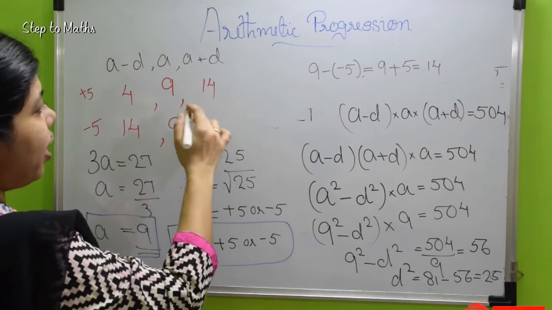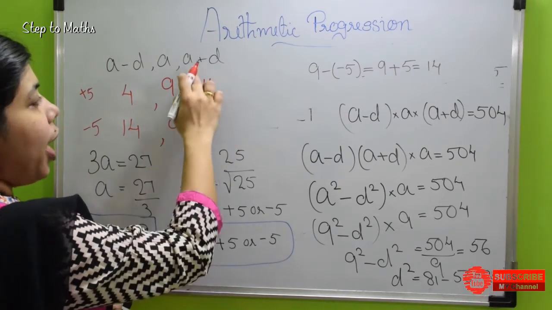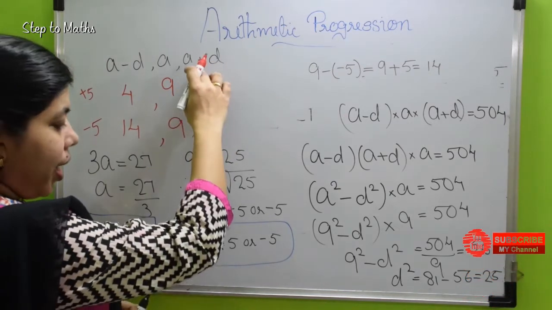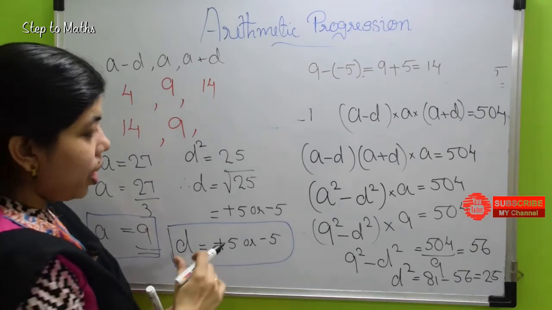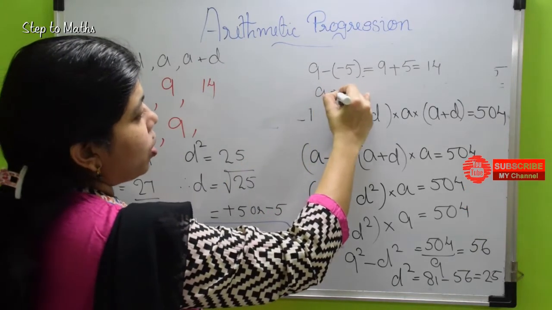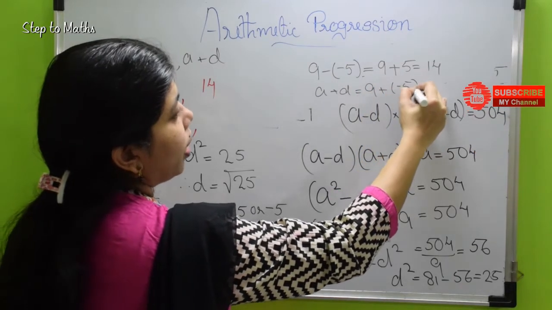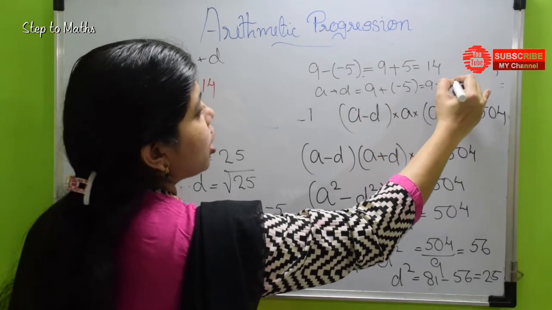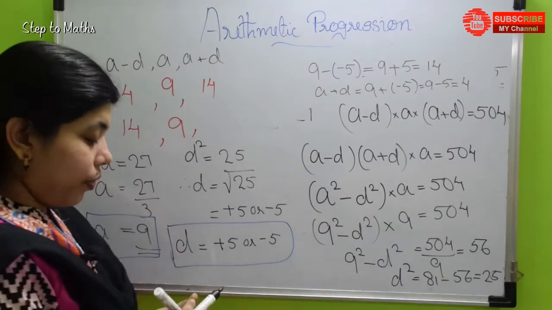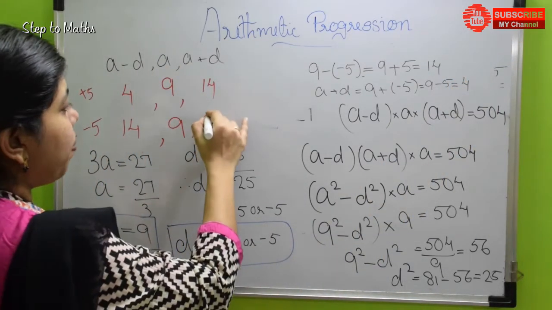A is 9 and A plus D is 9 plus minus 5, that is 9 minus 5, which is 4. So the value of A plus D is 4.